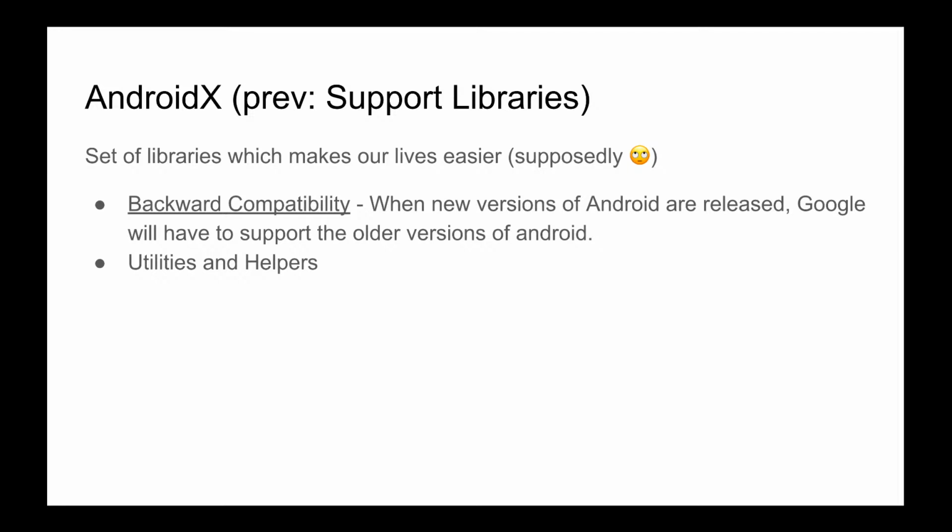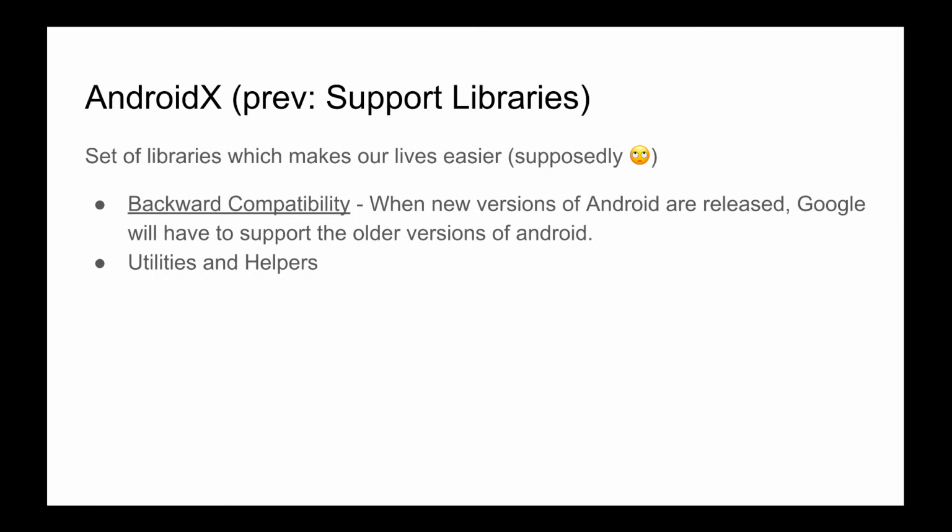It's because every Android version, when it is released, has a lot of changes. For example, a very big change happened when Android went from KitKat to Lollipop, and that time material design was introduced. We had all these fancy new components like side navigation, tabs, app bars, and bottom navigation, whatnot.